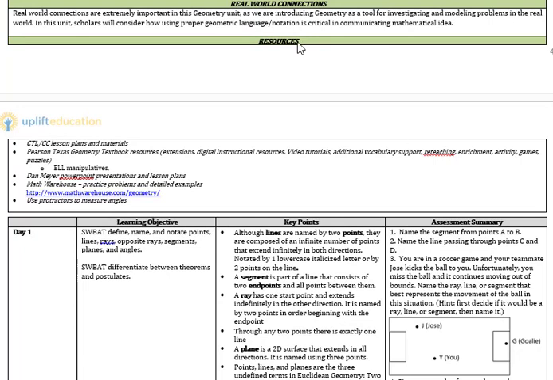Real-world connections. We can start talking about, I've already mentioned them a little bit, how geometry is a tool for investigating and modeling problems in the real world. So we're going to be looking at language and notation as critical for communicating.